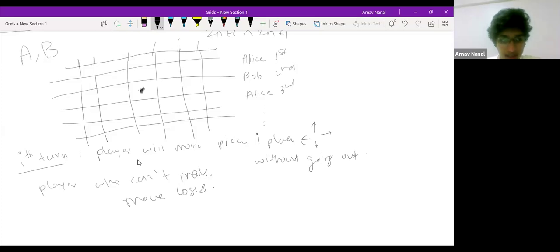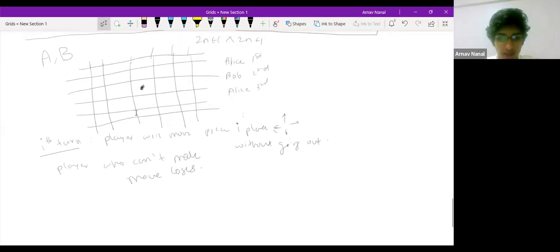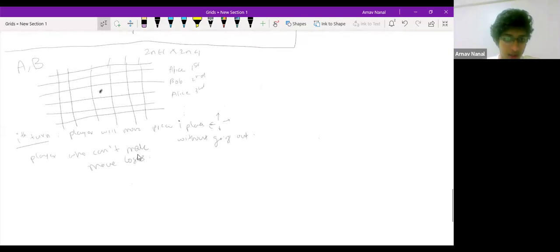Let's just experiment with small cases. Let's say n is equal to 1. This is the 3 by 3 grid. So let's say Alice goes here. Bob will have to go here. Alice can't do anything, so Bob wins.